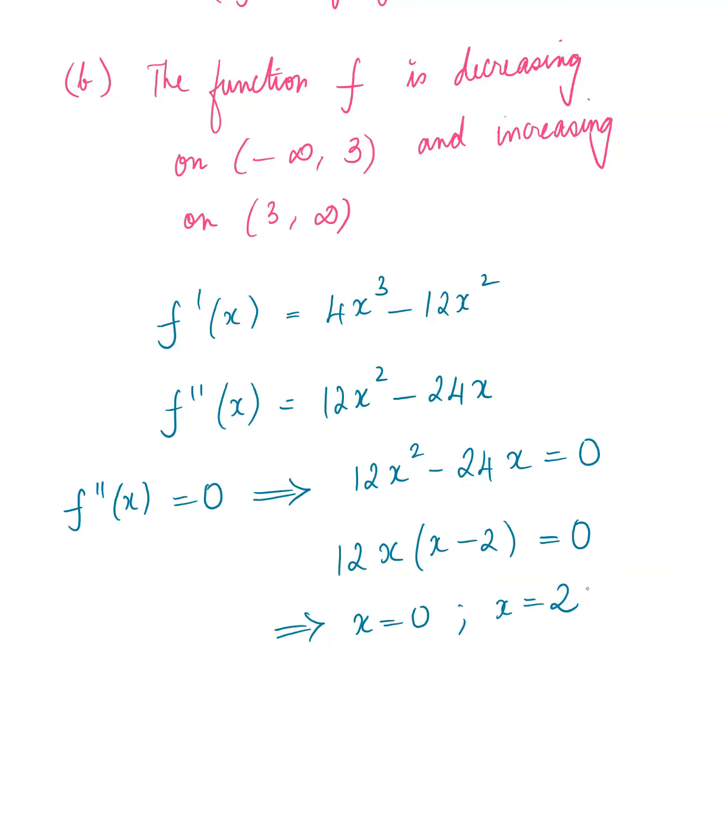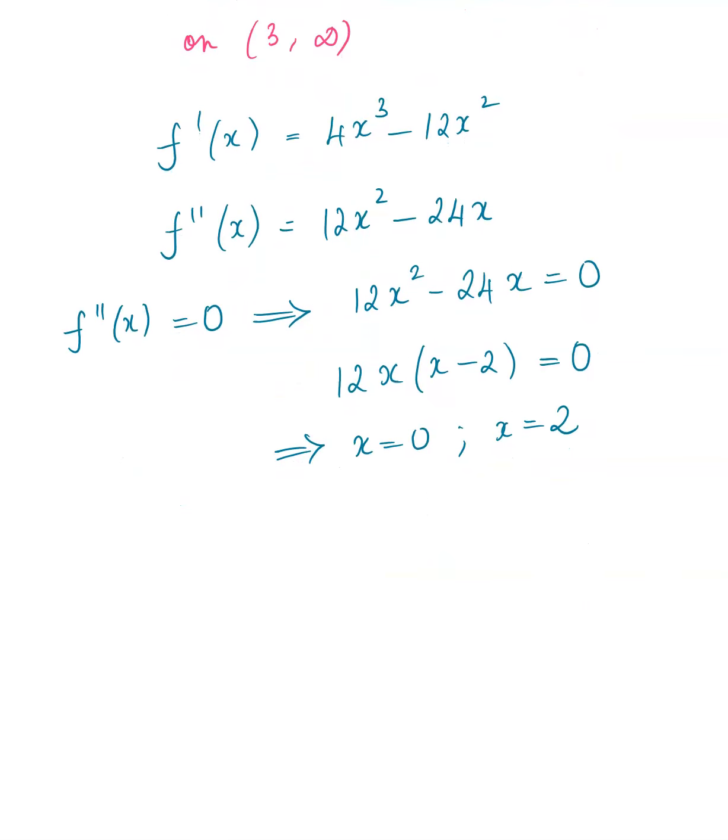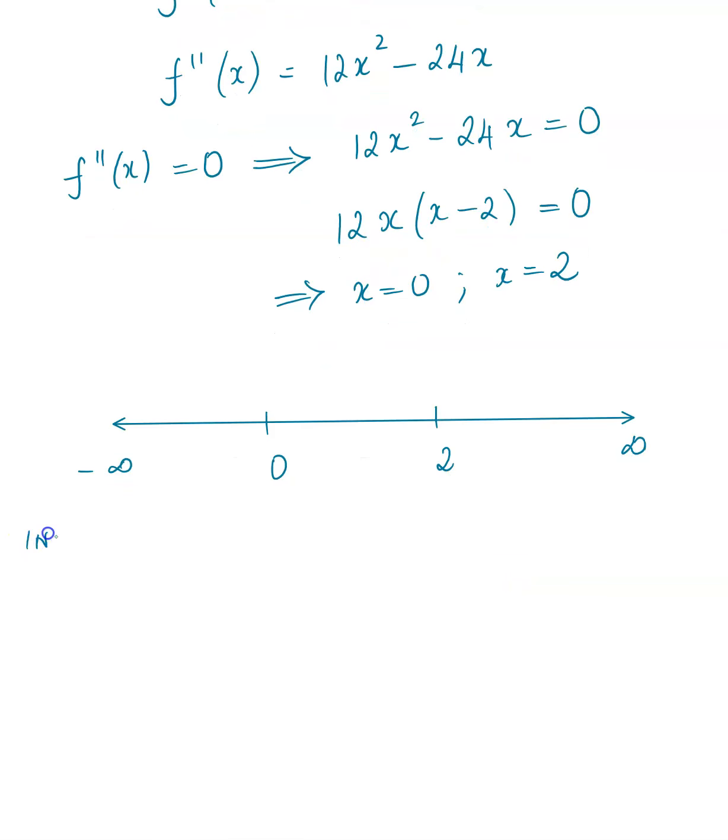x equals 2. Now for this, you'll have to draw the number line and decide how the concavity changes. Negative infinity to 0, 0 to 2, and 2 to infinity.